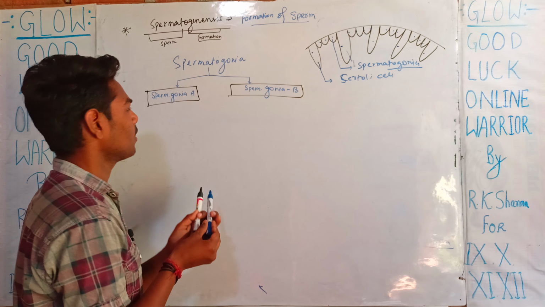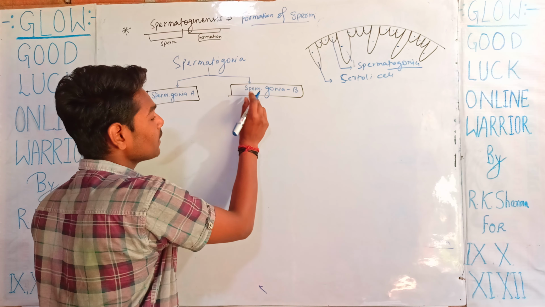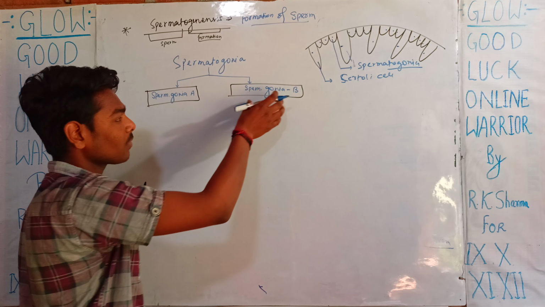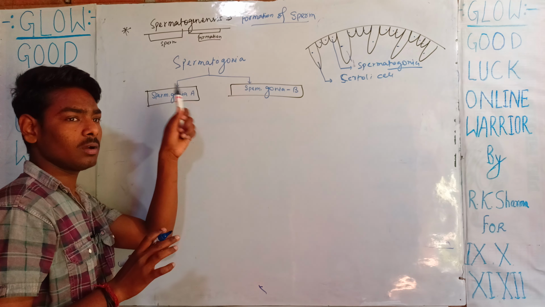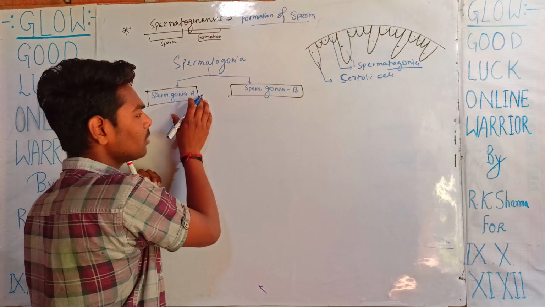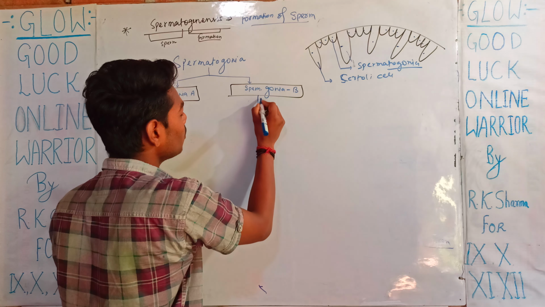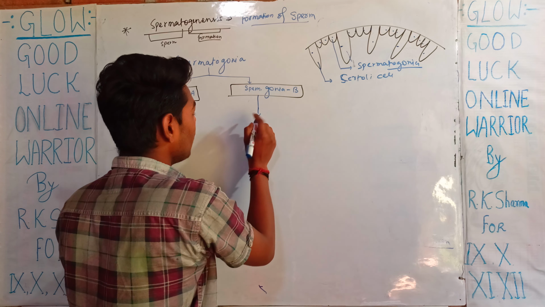Spermatogonia B forms the male gamete, that means sperm, and spermatogonia A will help in the formation again. We will discuss this later. First of all, let us see how the sperm is formed.